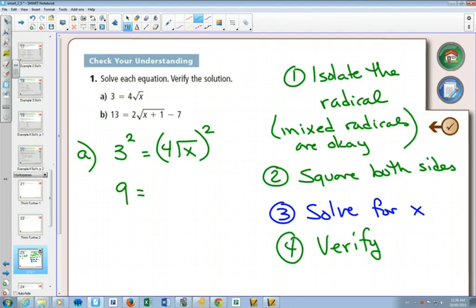What happens when you have 4 root x times 4 root x? Again, sometimes it helps to write it out. How do we multiply radicals? We multiply the numbers. So it'll be 16. And root x times root x will be root x squared, which will just be x.